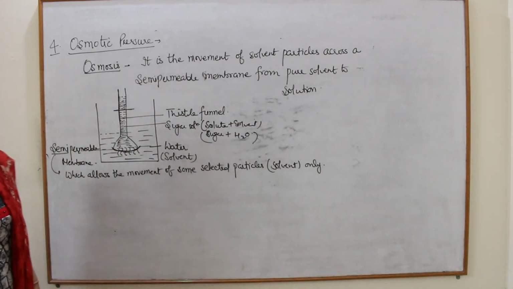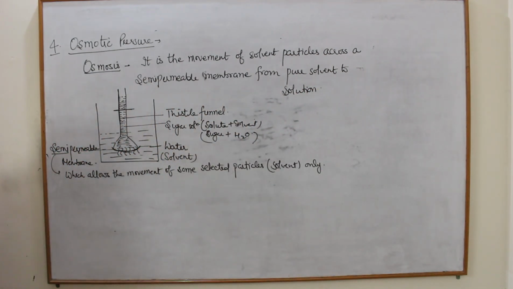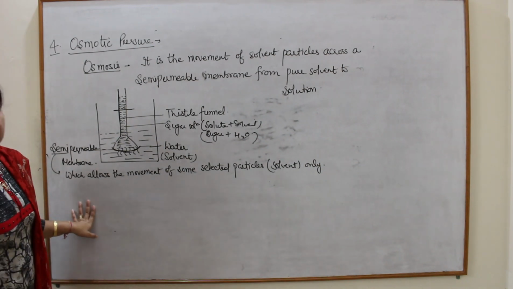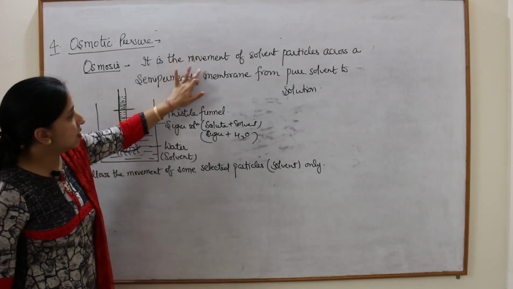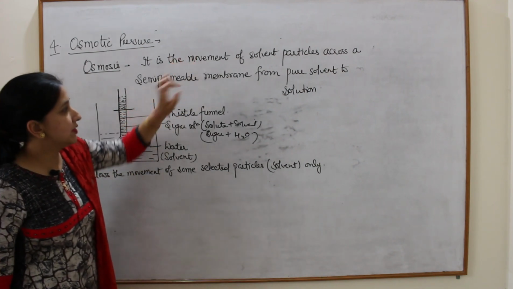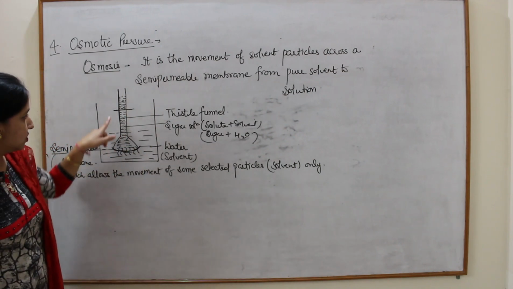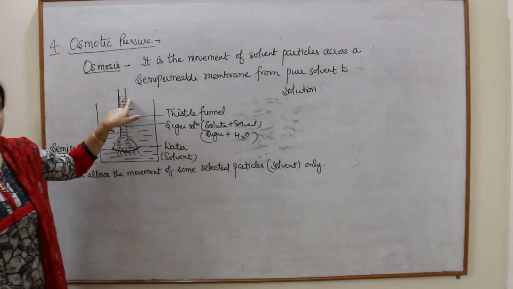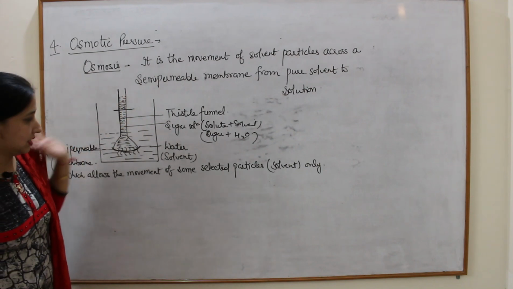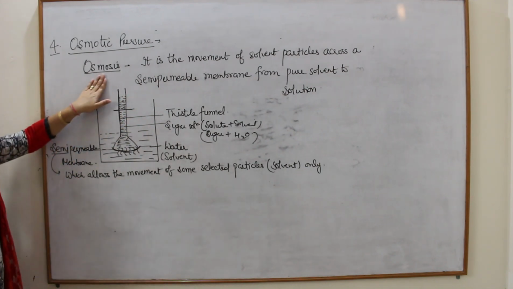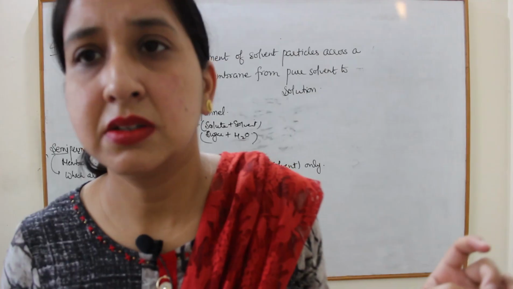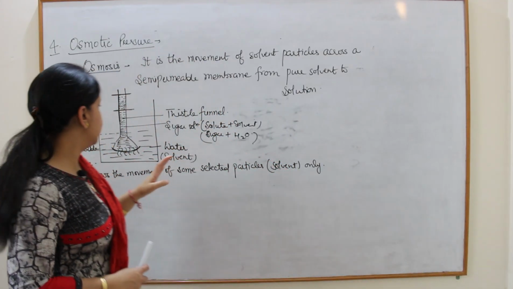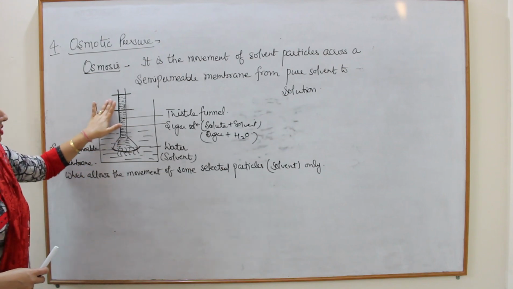So how can we define the osmosis? It is movement of solvent particles across a semi-permeable membrane from pure solvent to solution. So after some time the level of solution will rise. So this is what we mean by osmosis. After some time the level becomes constant.